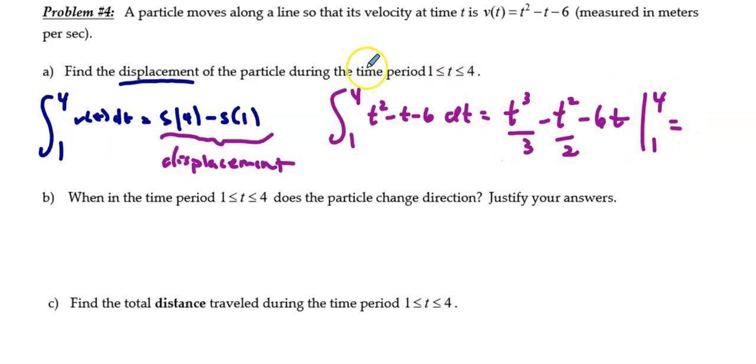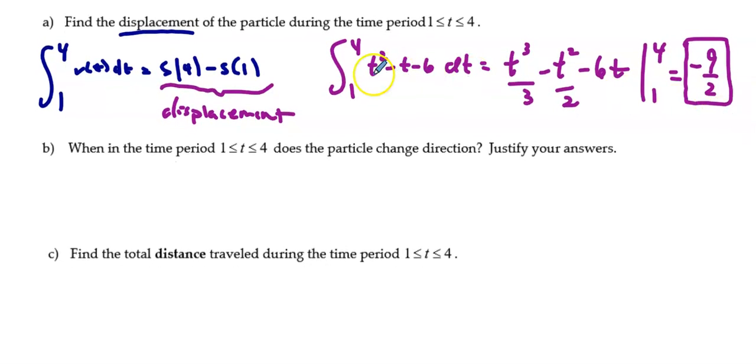When you evaluate this, I don't need to show you this in the video, you're going to get negative 9 halves. So that would be your displacement over the interval from 1 to 4, in units of meters.